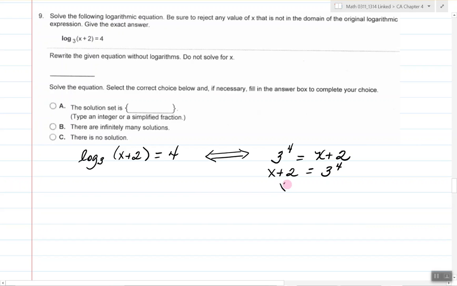To solve for x, I would subtract 2 from both sides, and I get x is equal to, I have a mess, I'm so sorry. Subtracting 2, I'll get 3 to the 4th power minus 2.